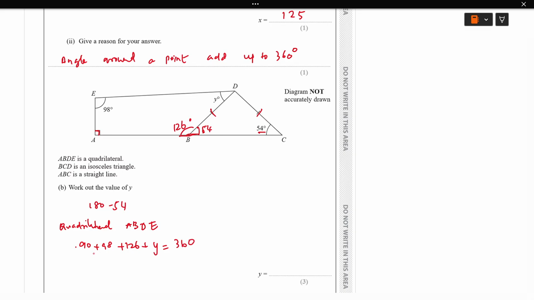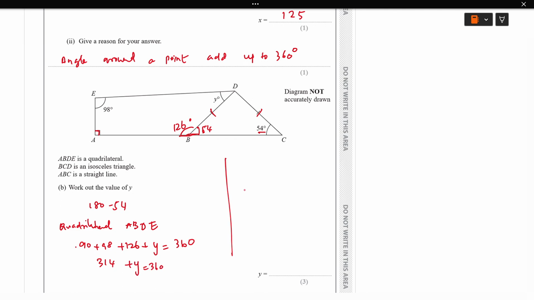When we add all this up, 90 plus 98 plus 126, the answer is 314. 314 plus y equals 360.